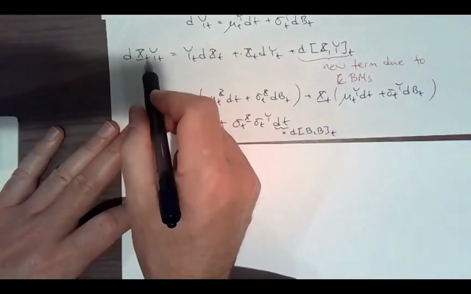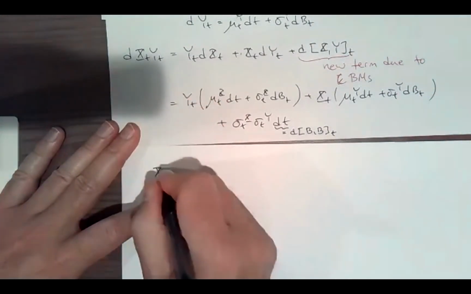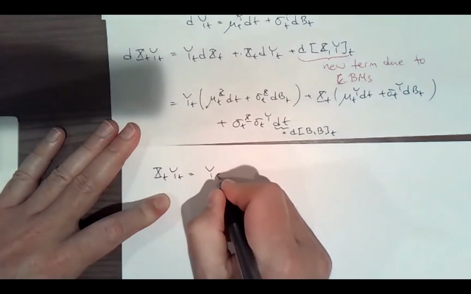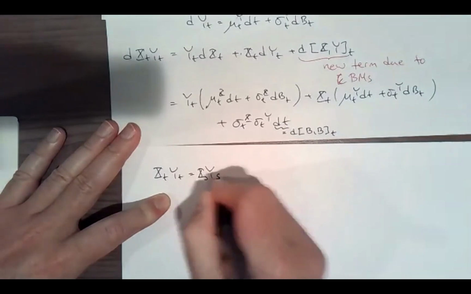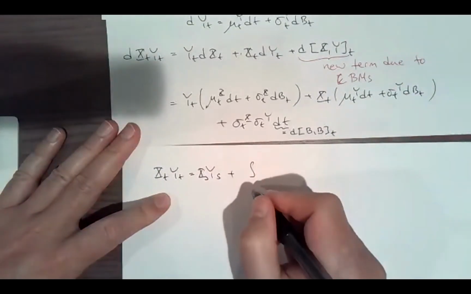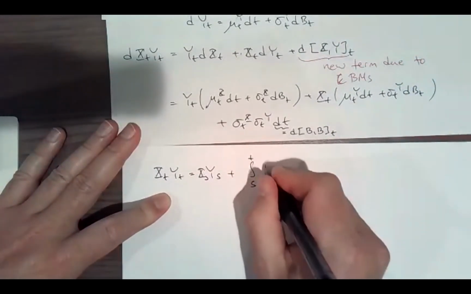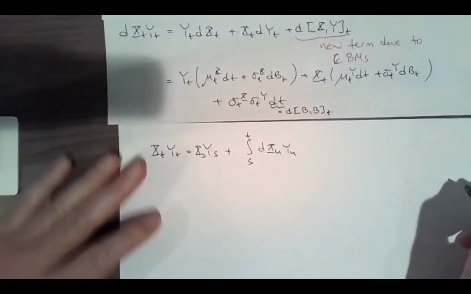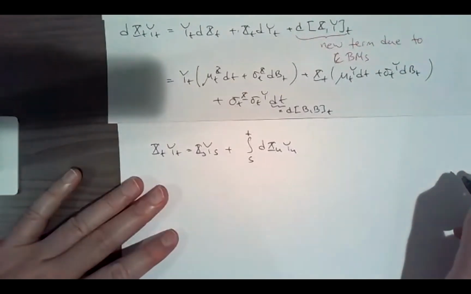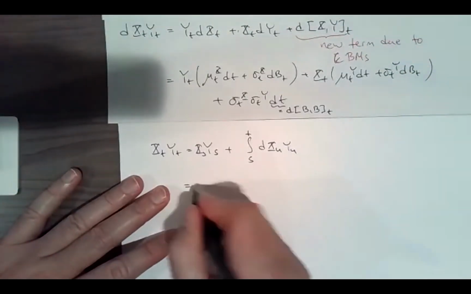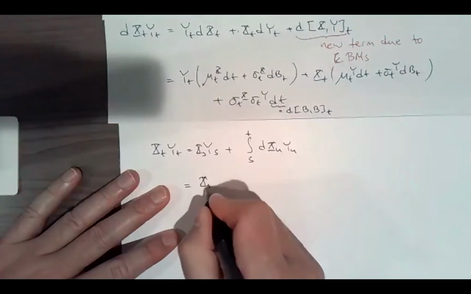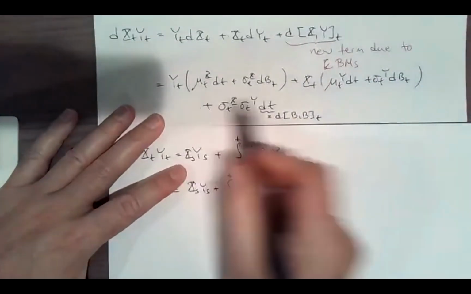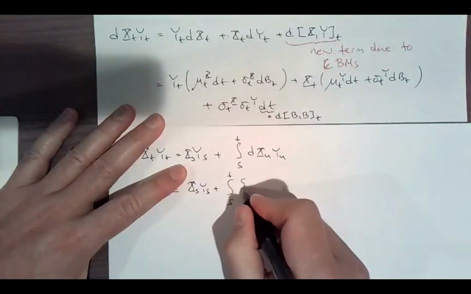that I'll write X_t Y_t as Y_s X_s plus an integral from s to t of dX. So this would then be X_s Y_s plus an integral from s to t, and I collect all these terms up here.